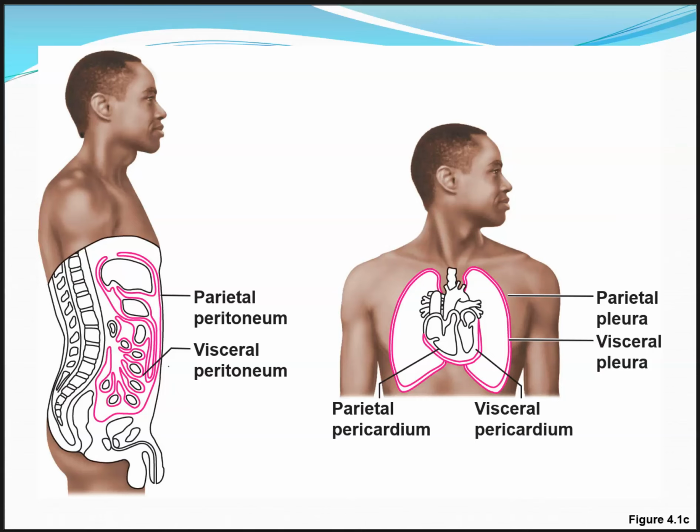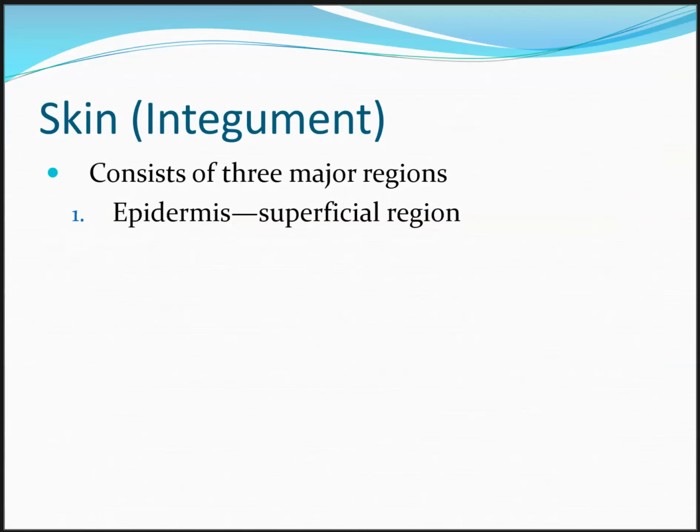Now, this chapter will mainly consist of the skin, which makes up the integumentary system. The integumentary system is the largest system of the body, and it forms a really thick protective layer to protect the underlying organs. So the skin is made up of three major regions.